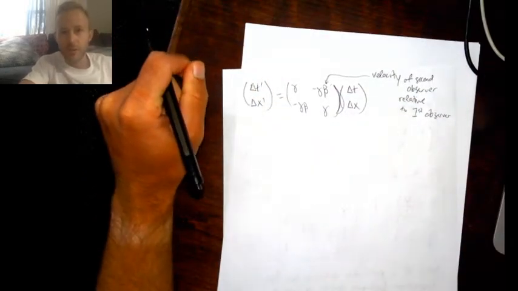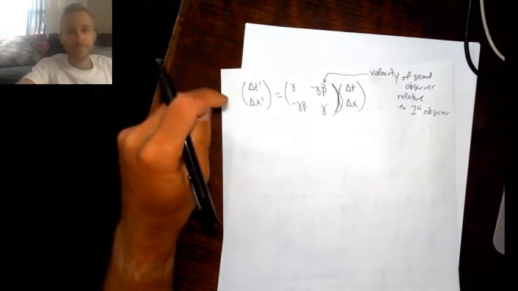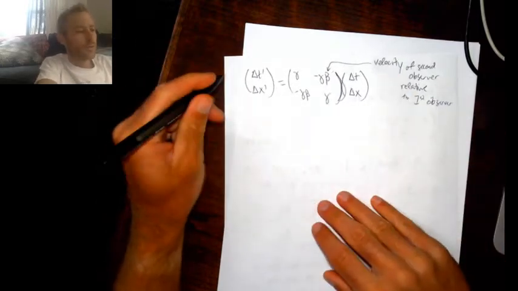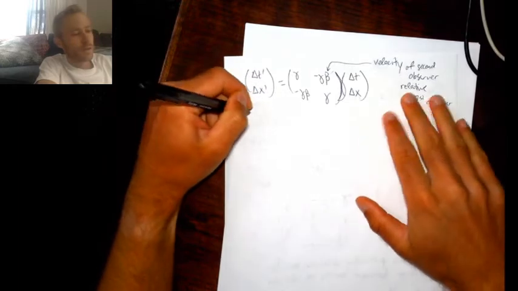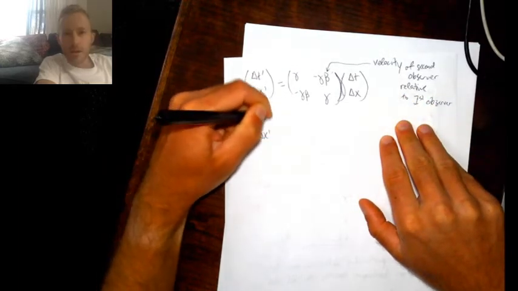The velocity of the second observer relative to the first observer. So what if I actually do this matrix multiplication? So what is delta t prime? What is delta x prime?